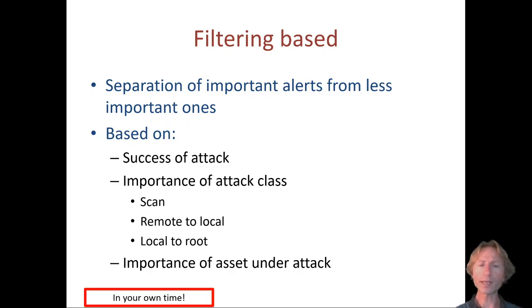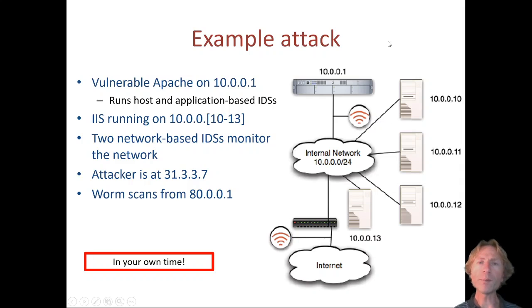And in the remainder of the slides, I actually have an example where we have a vulnerable Apache server at this particular IP address, and we have host and application-based intrusion detection systems on this network.